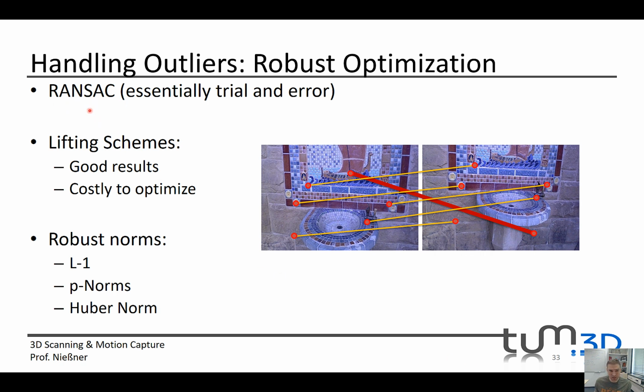RANSAC is essentially trial and error. What RANSAC means is you take a bunch of correspondences. Based on these correspondences, you try to compute a transformation. That transformation gives you a function value for your energy. Now you take a different combination of correspondences and see if this function value increases or decreases.